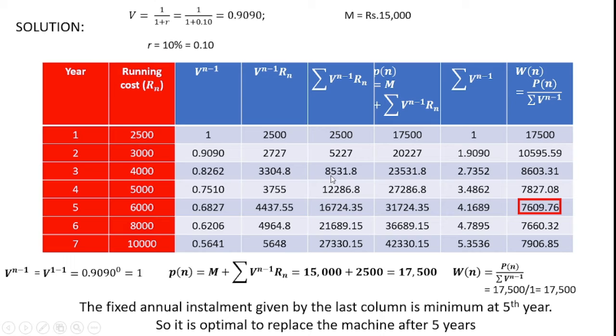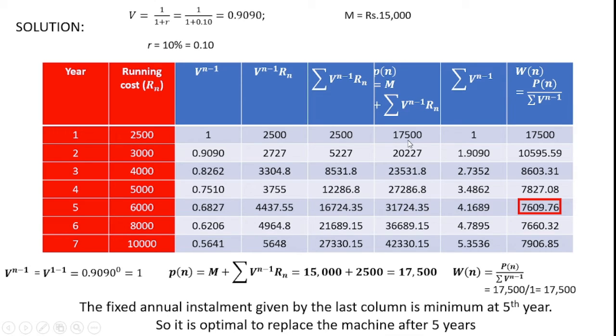From this I get 8531.8. The same procedure is followed for the fourth, fifth, sixth and seventh years, so I move to the next column.